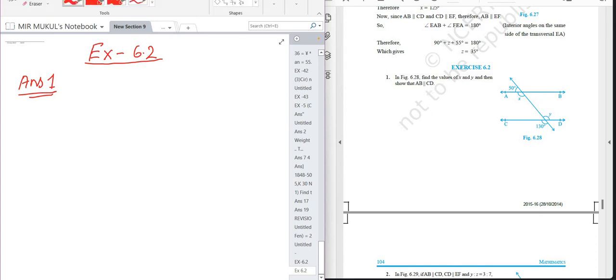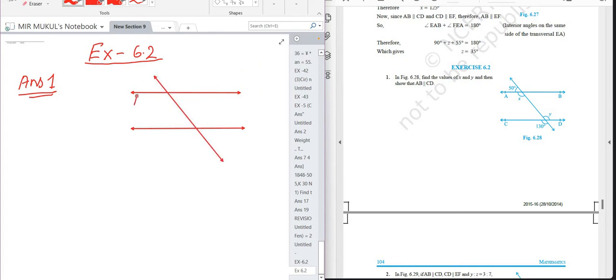So first, draw this figure. Here two lines are given and one transversal is also given.